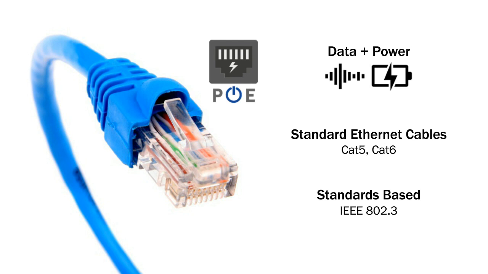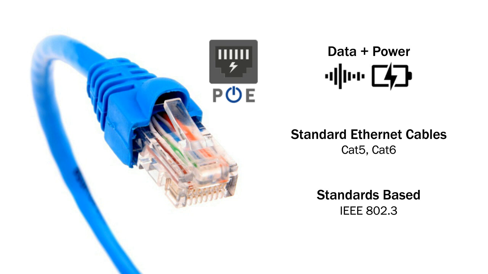The reason I want to emphasize this point is that what I'm not talking about today is a proprietary solution for PoE that is specific to Applied Motion Products or any other vendor. That means because this PoE standard is standards-based and readily available from a wide range of hardware vendors in the marketplace, you can feel confident that if you use it, it will be compatible with other hardware that you might choose.